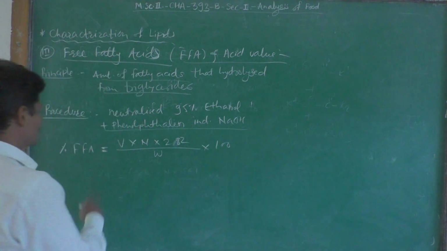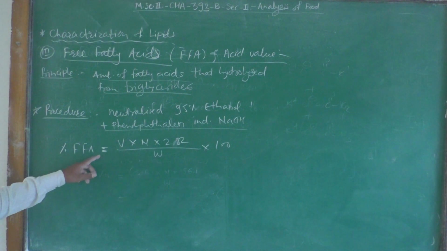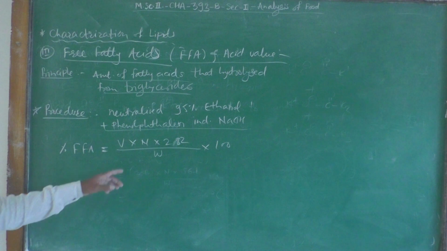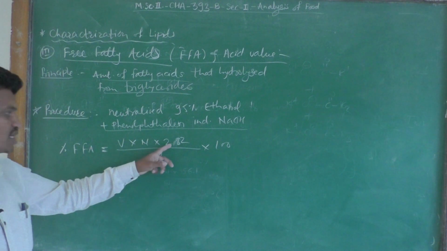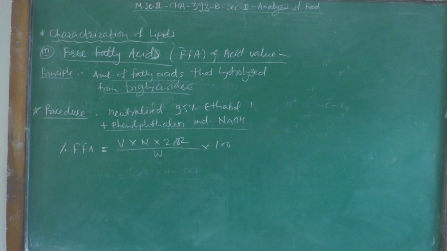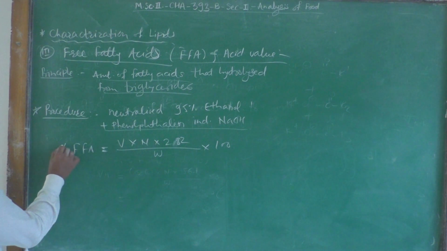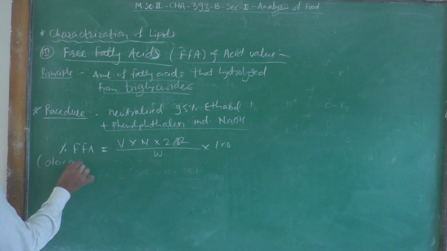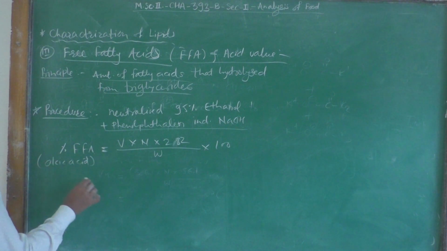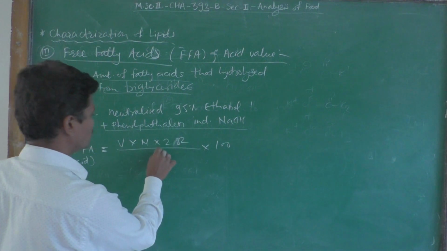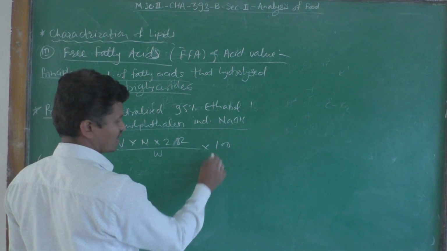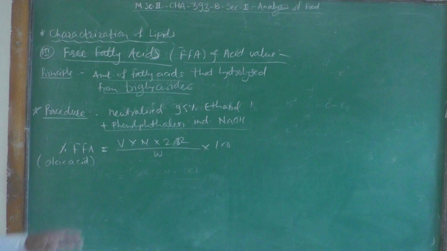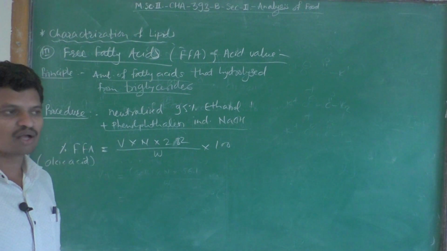So this is the formula to calculate free fatty acids. V is the volume of NaOH titrant in ml, N is the normality, 282 is the molecular weight of oleic acid, so this is percent free fatty acids on an oleic acid basis. W is the weight of sample, and 100 is the multiplying factor for conversion into percentage.